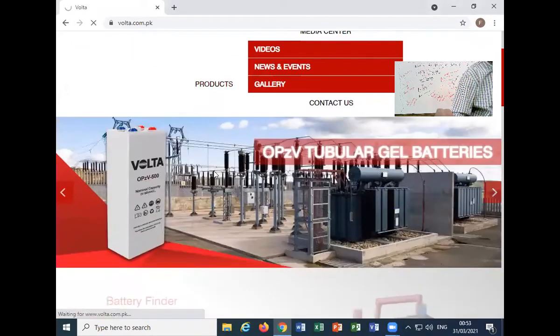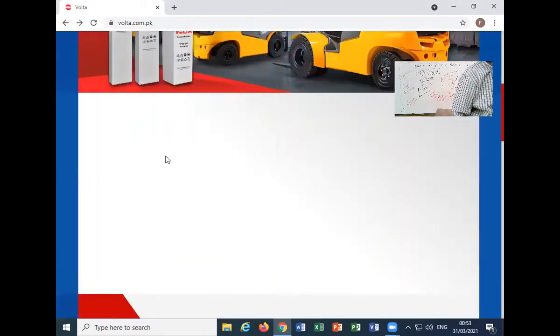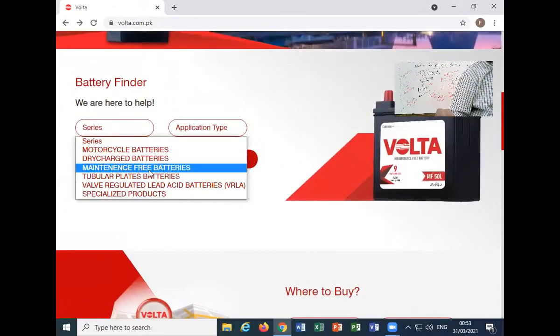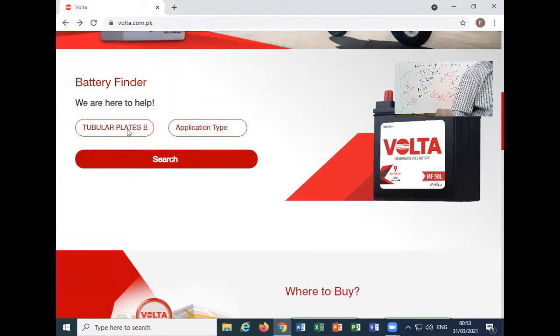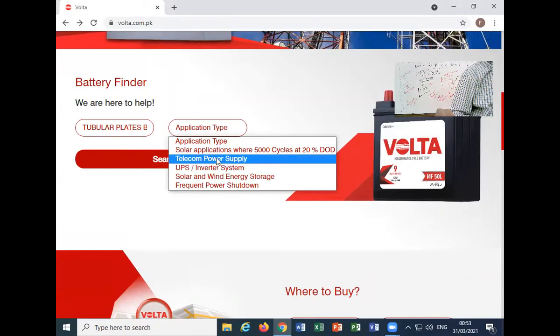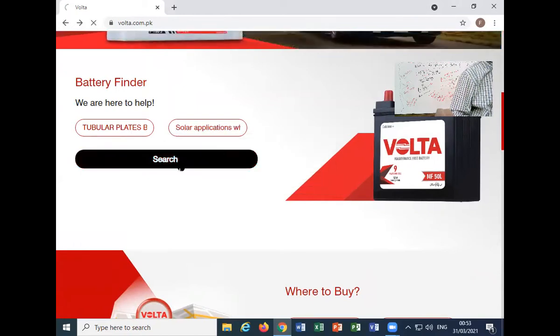Okay, let's look for the batteries. Let's look for the tubular plate batteries for our solar application types. Let's go.